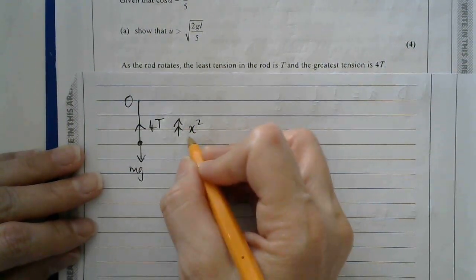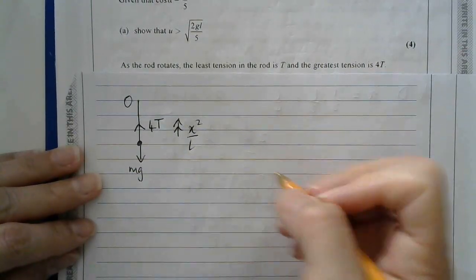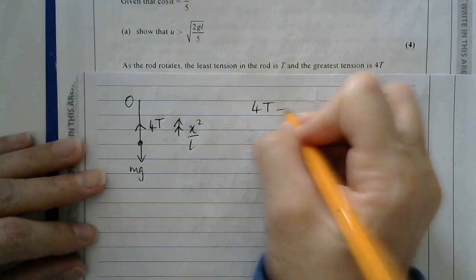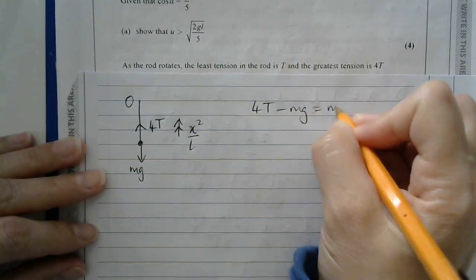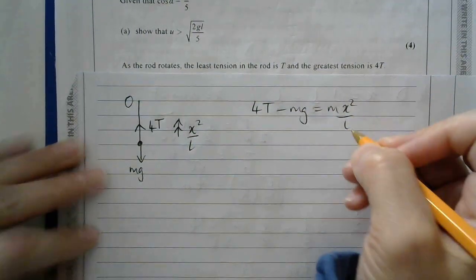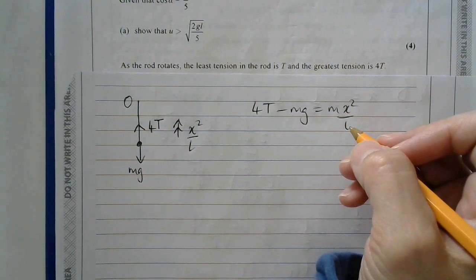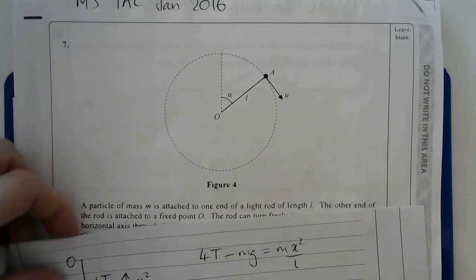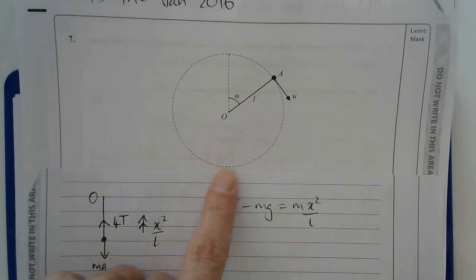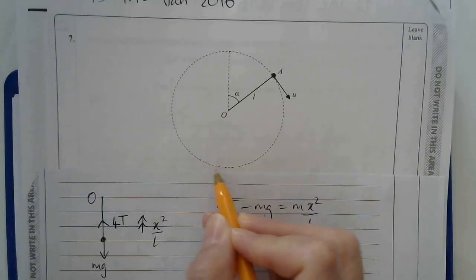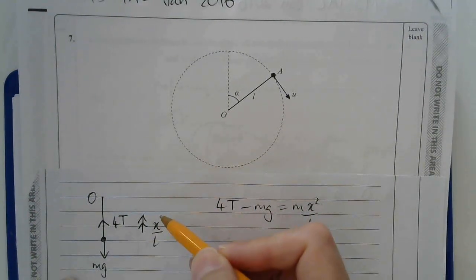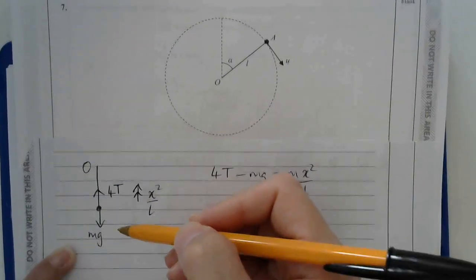So the acceleration will be x squared over the radius, which is L. Writing down Newton's second law for this, I get 4T minus mg is m x squared over L. Now I need to know what x is. Looking back at my diagram, x is the tangential speed when the particle reaches the bottom.